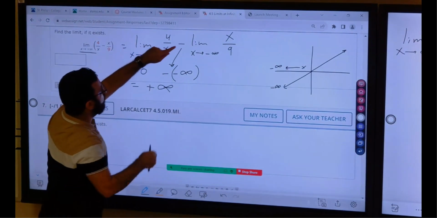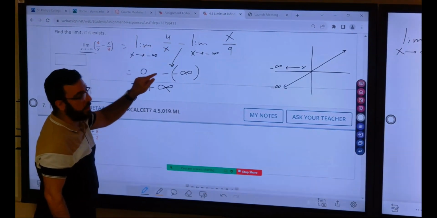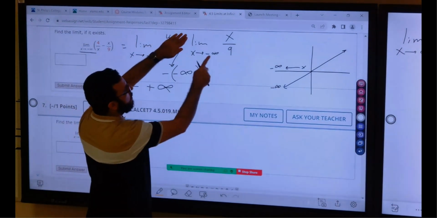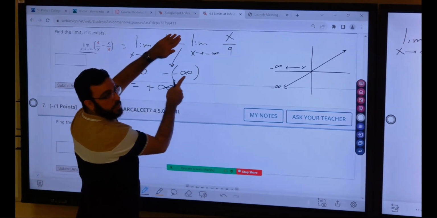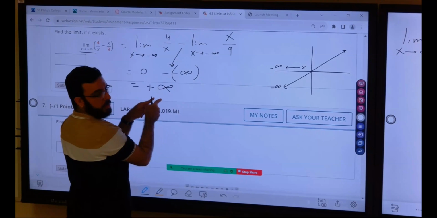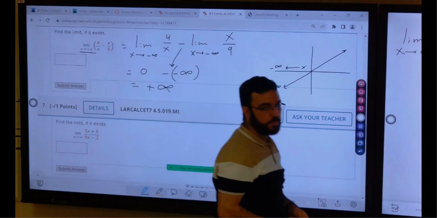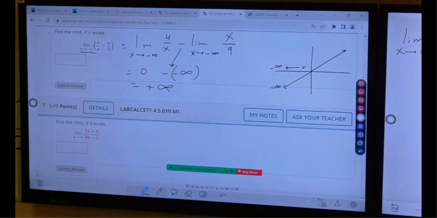But if you want to keep the negative sign here, the limit when x goes to negative infinity only for this part goes to negative infinity. That means negative becomes positive infinity. Okay? I'm telling you, it's more thinking than just doing stuff. You got it?